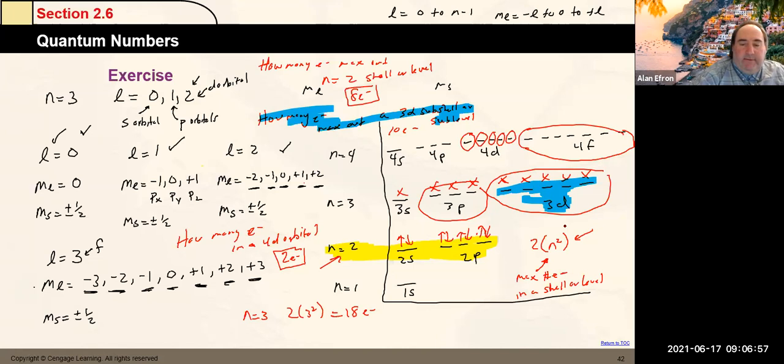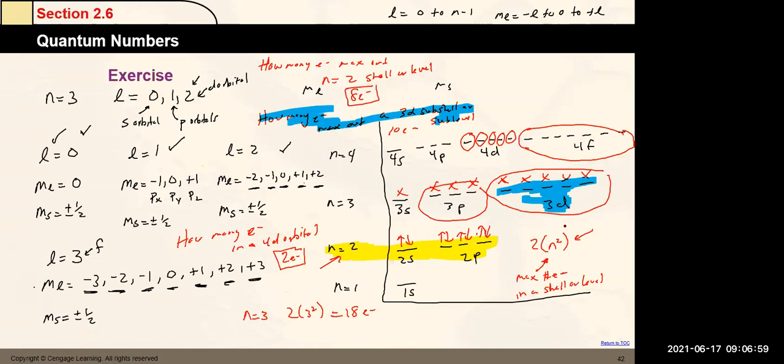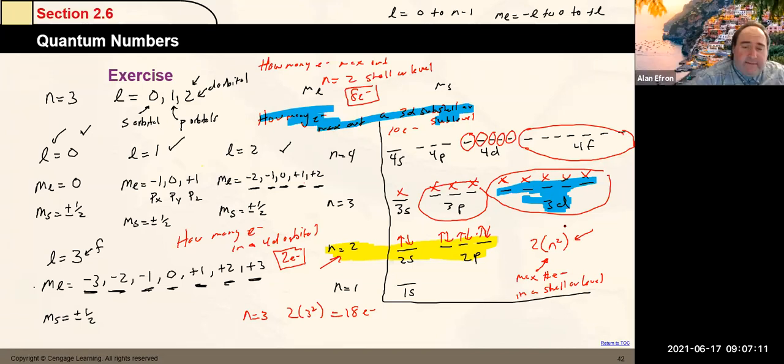Questions on that? I have a question, Professor. How did you get 2 electrons for the 4d orbital? I was thinking it was going to be 10, but is it because 10 would be the subshell? That's exactly right. Sometimes it's asked like a trick question. Whenever you're asked how many maximum electrons you can put in any orbital, an s orbital, p orbital, d orbital, the answer is 2.